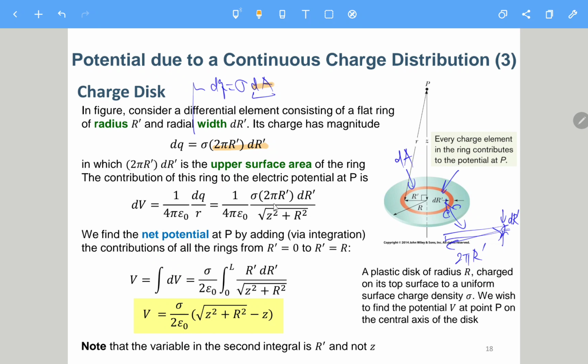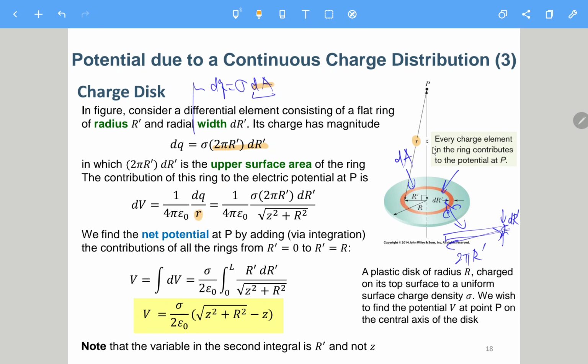And then we have k, and small r. Let me see, I think this small r should be r prime instead. Sorry, this r is not that r. This r is this one.